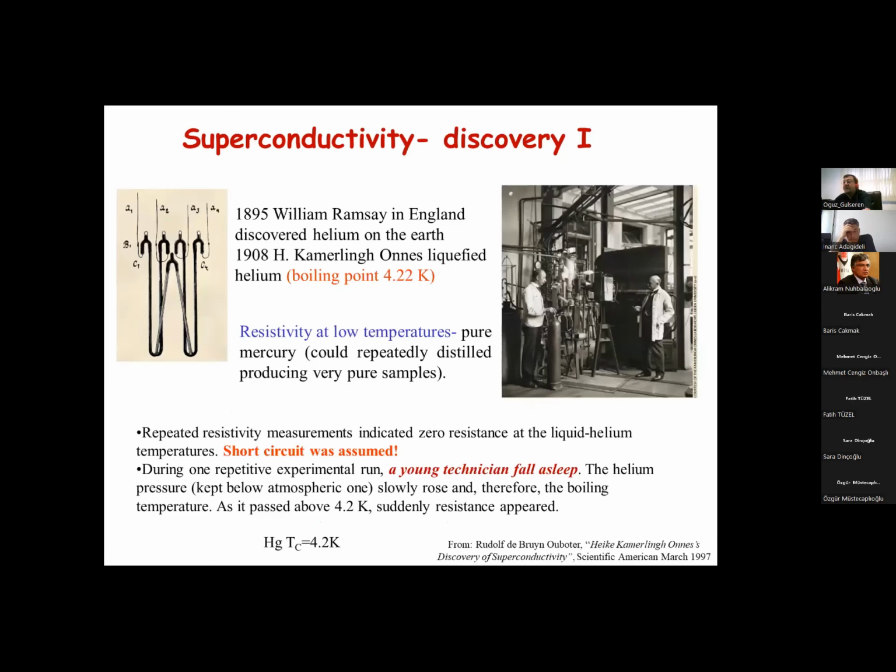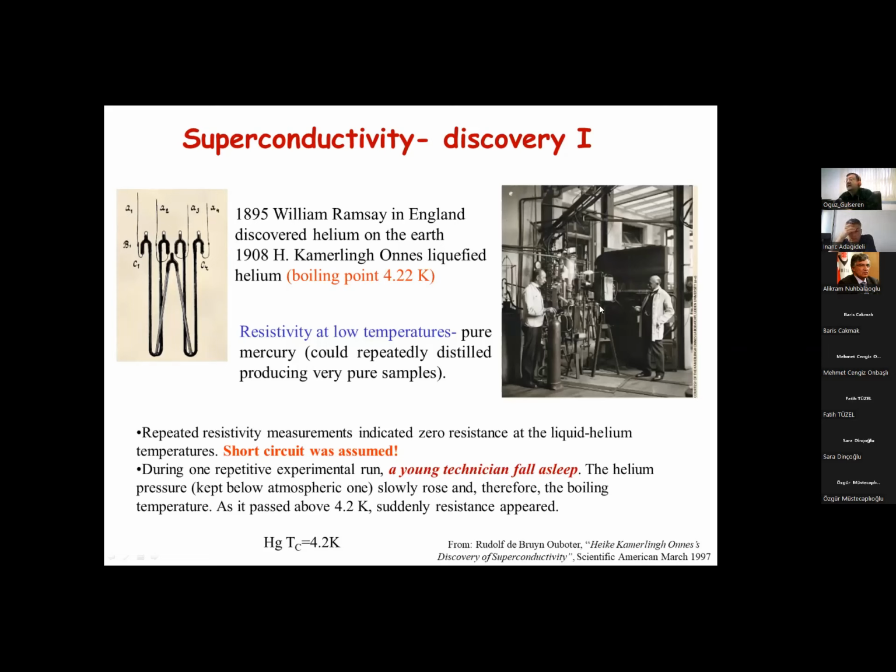So here I just summarize. This is the same picture I showed at the beginning. While they tried to reach low temperatures, at that time, the helium was known, but it had not been liquefied.